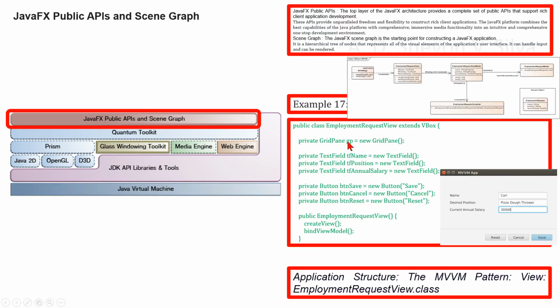Now we are considering the MVVM pattern in application structure. Here you can see the view, the EmploymentRequestView class.